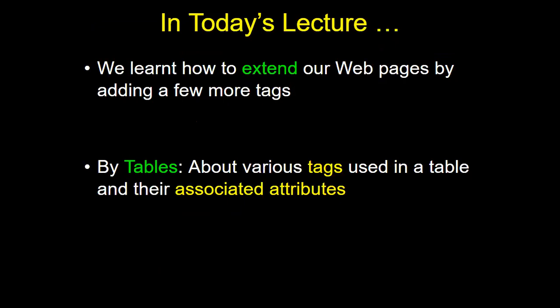In this lecture, we have extended our knowledge of inserting different table tags in a web page, and we have learned their associated attributes to adjust table properties: table background, table border, alignment, background colors, cell spacing, cell padding, giving a caption to the table, and headings to the table columns.